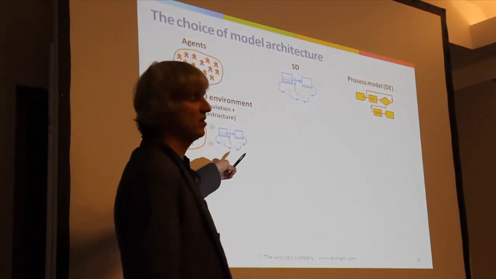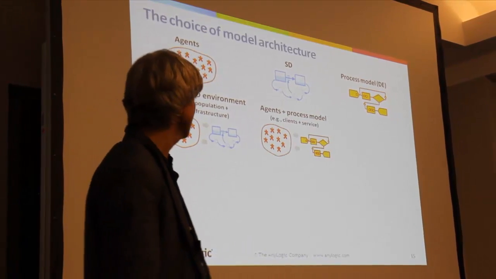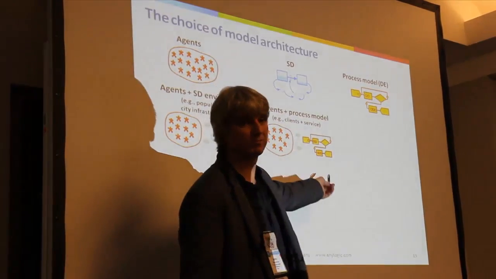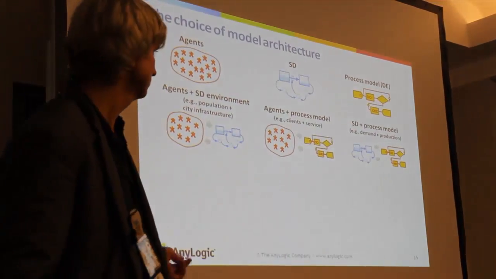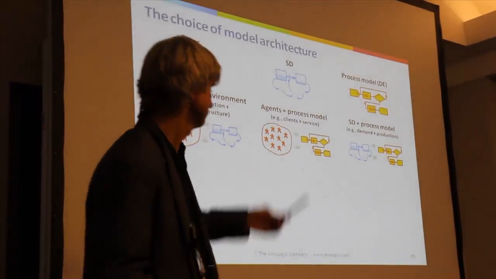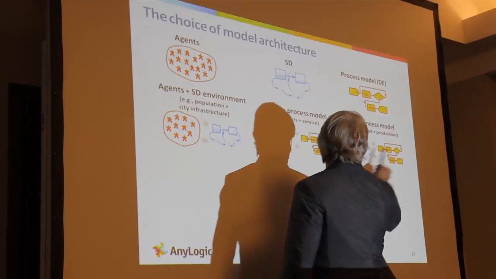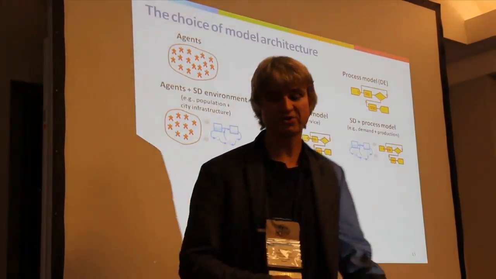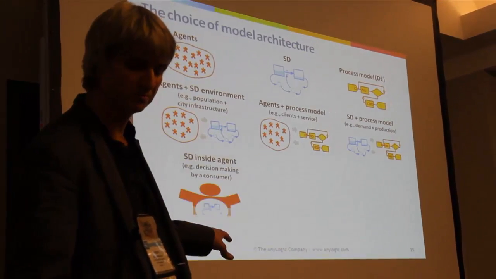We can make agent interact with SD. We can make agent interact with the process model, or system dynamics and the process model. There are other choices of architectures, and these are all practically used.